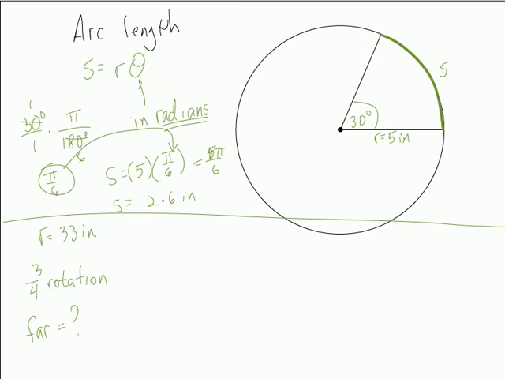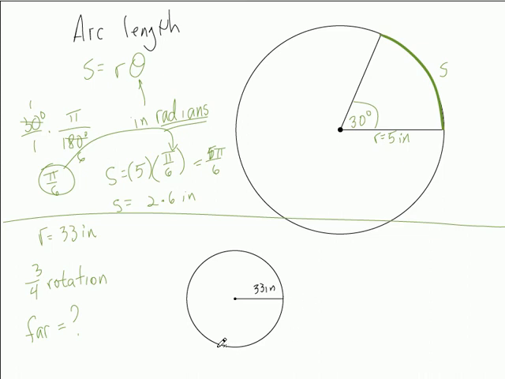Let's go to this. All right, let's put a circle on here. Now, watch what's happening here. Let's think about it. You have a radius and you have a 270-degree angle. Okay, there's the radius, it's 33 inches. Everybody got that? Now, it says it only goes 3/4 of the way.